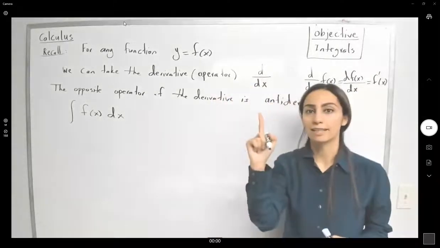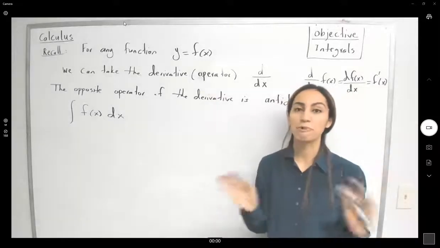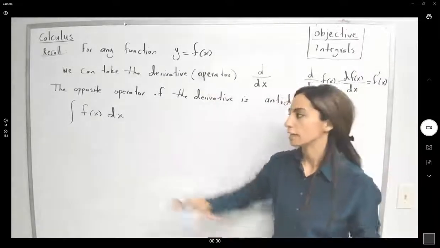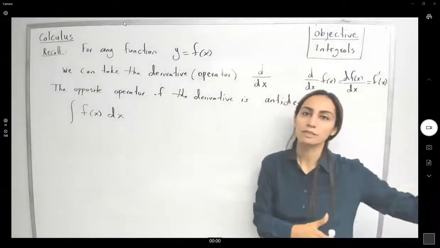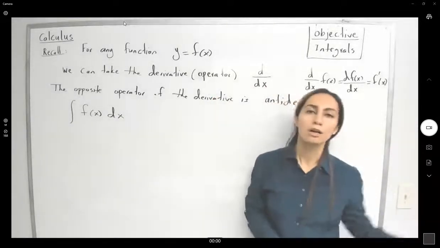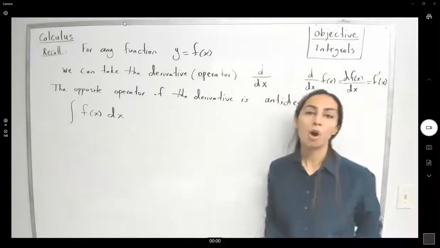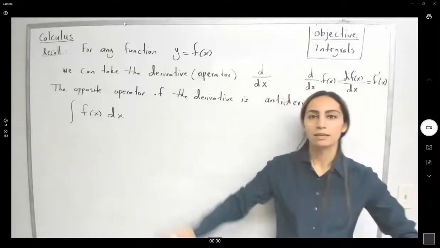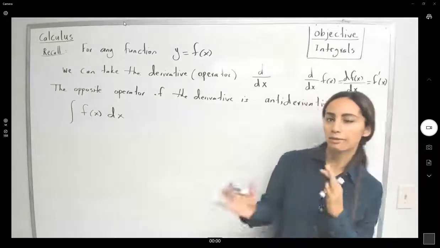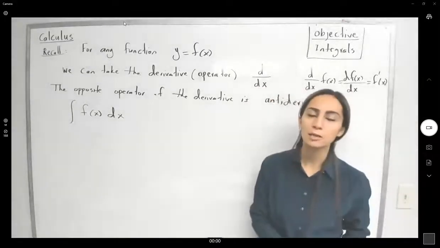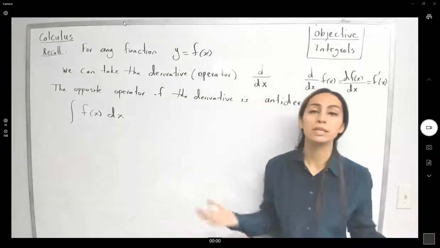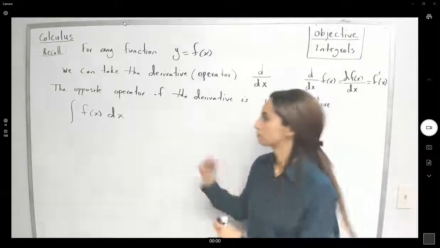Guys, remember that in different branches of science, integral has a different meaning. In physics, you might say we are looking for the work done, or in electricity, it has a different meaning about the charge. In statistics, it has another meaning. Sometimes the meaning is the area.